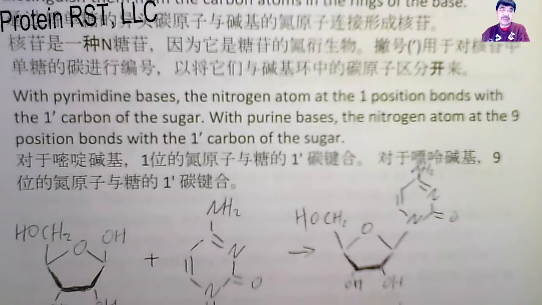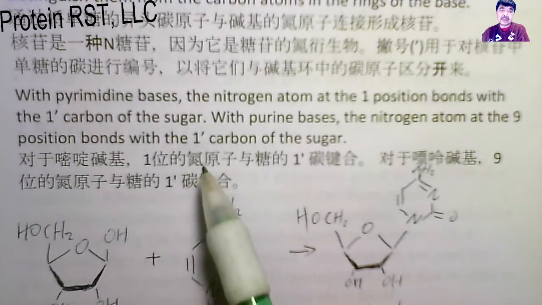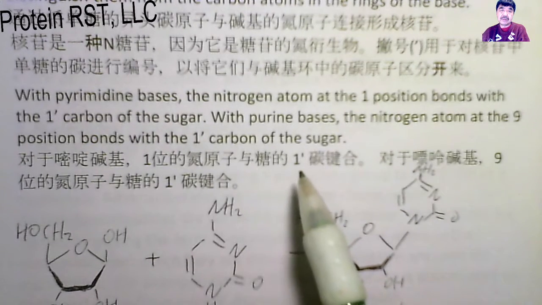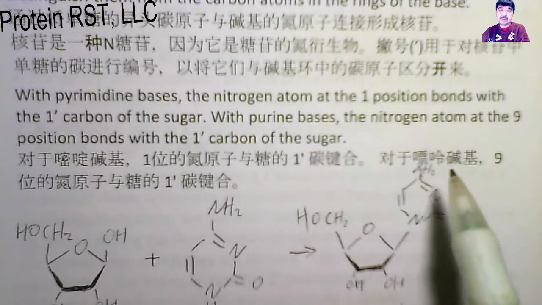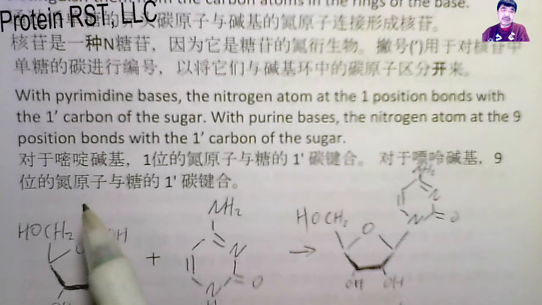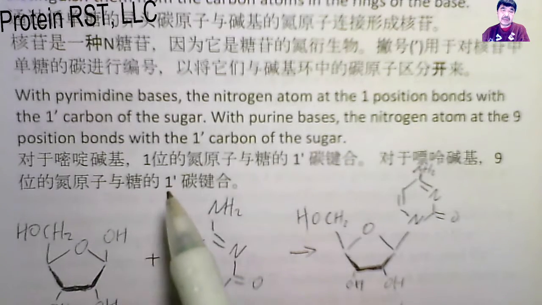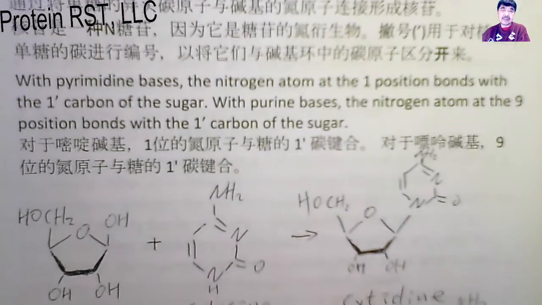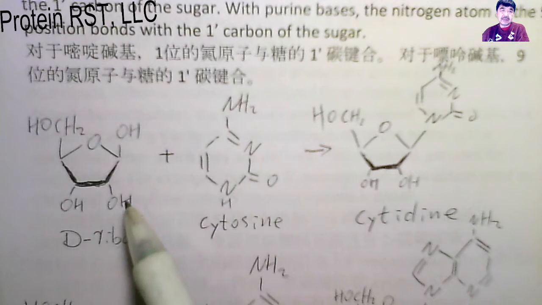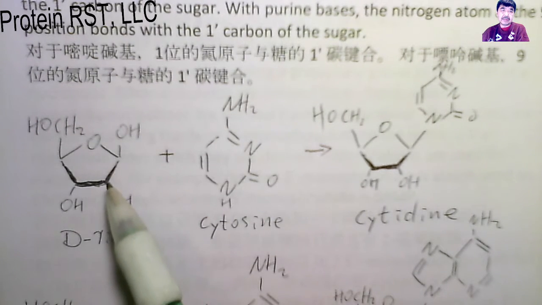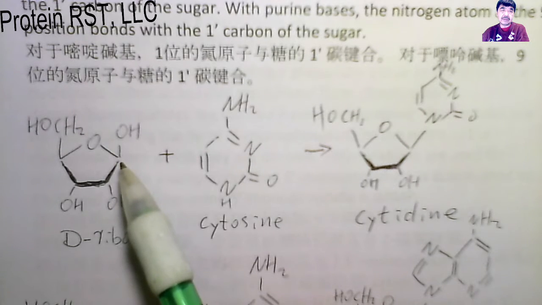Take a look at the structures here. This one is D-ribose. This is the C2 position. You can see the hydroxy group here. This is the C1 position. It's also called an anomeric carbon.